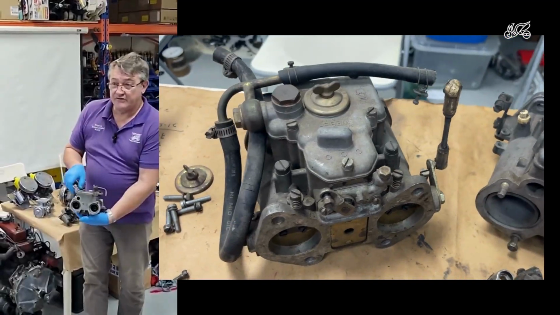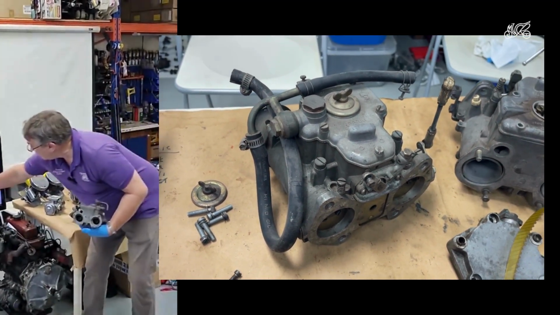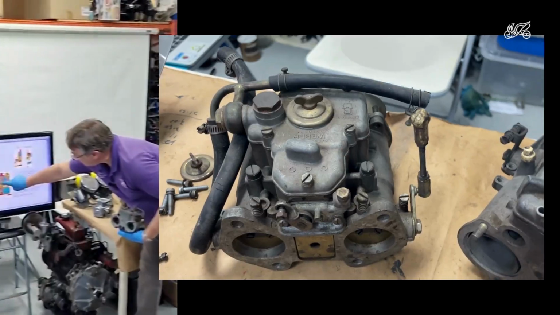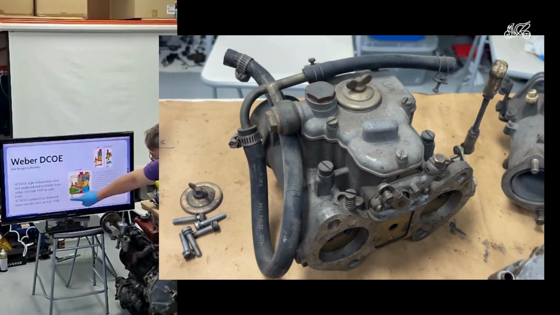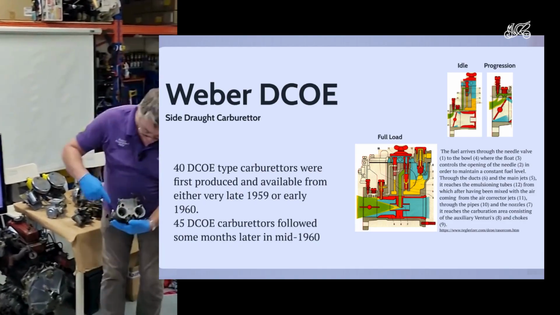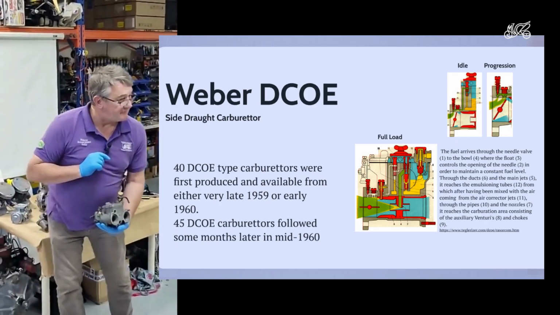Yeah, and so that's the Venturi restriction. And in this diagram here, there's your Venturi restriction, and you see this pipe coming down and the green spraying out. So that's where the fuel sprays out.